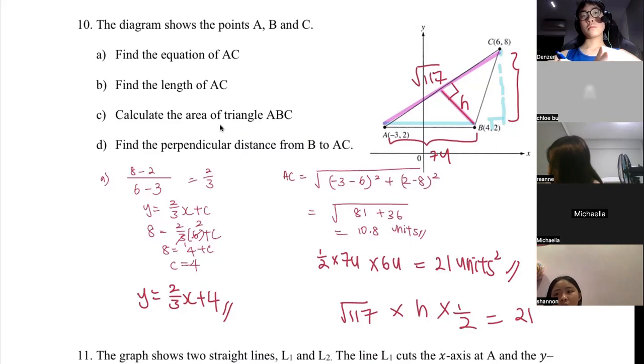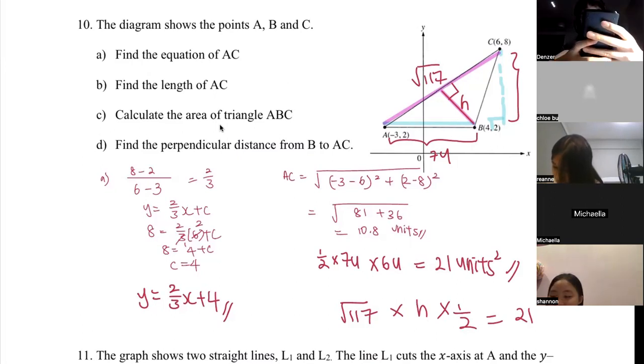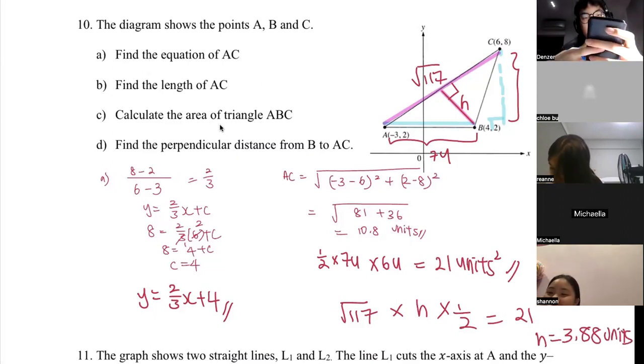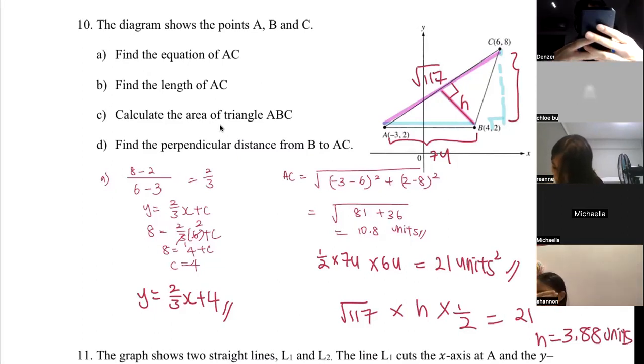Very good. Shannon again. Hey, Shannon, but I got a conversion error. It's 0.88, not 0.89. You got conversion error there. Because I used the exact square root 117. That's the best one. So H should be equal to 3.88 units, rounded off to 3SF. Because I actually round up instead of round down. No wonder. Okay, so be careful.